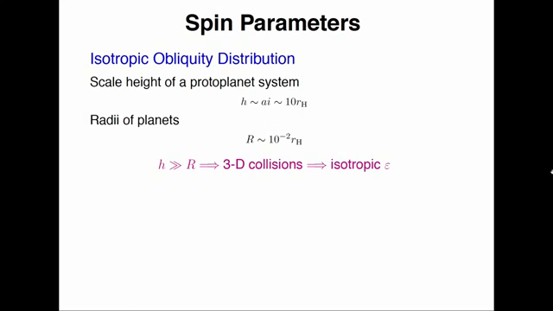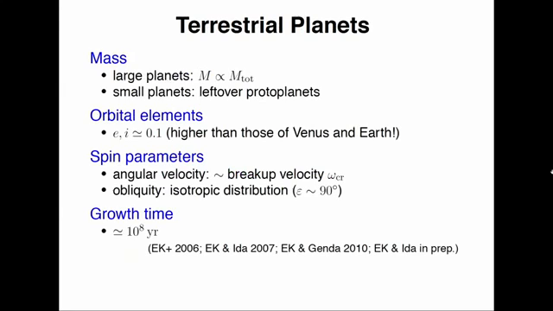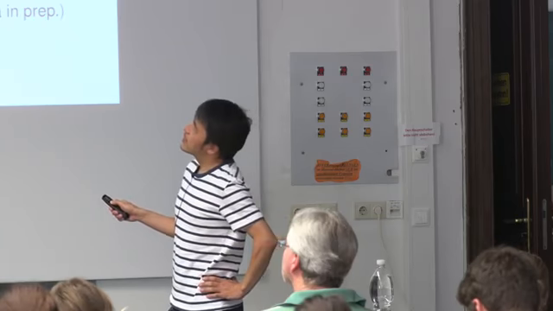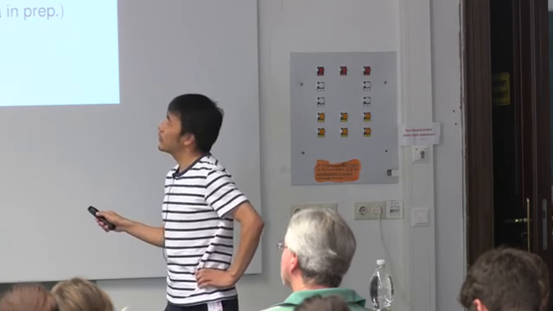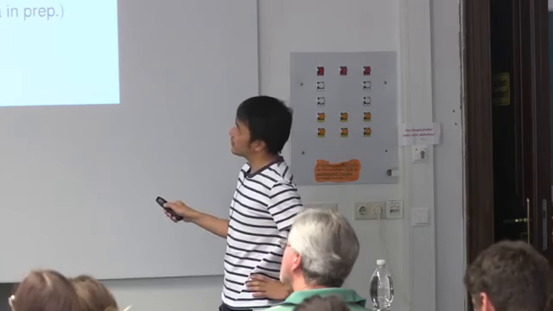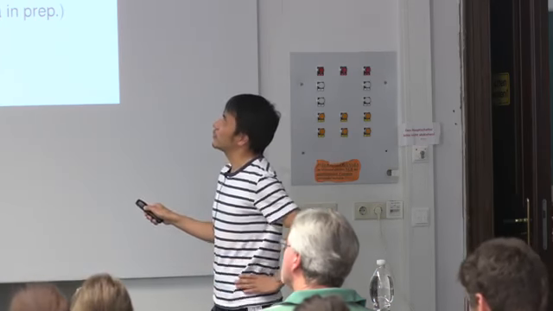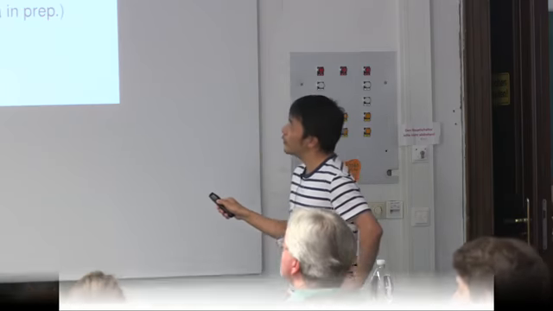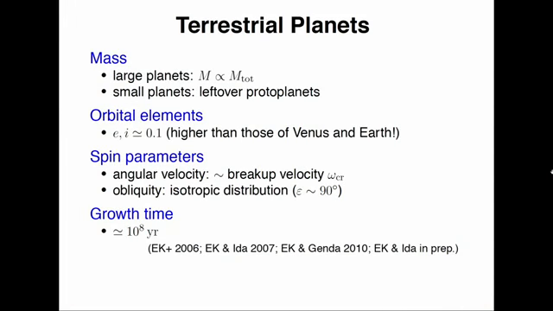Here I summarize the properties of terrestrial planets formed by giant impacts. About the mass, we derived the scaling law for the large planets like Venus and Earth: they are proportional to the total mass of the embryos.